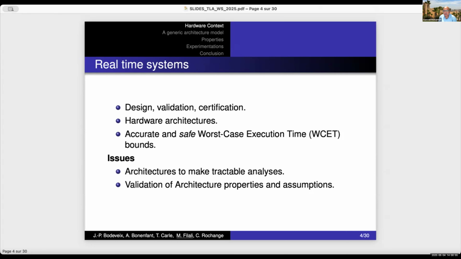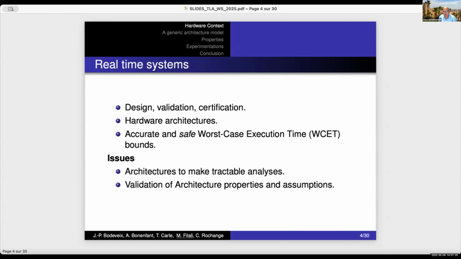In fact, this worst case execution time is very complex to compute. So we first have to have architectures that make such analysis, which is almost based on WCET, tractable. So the architectures play a role here.